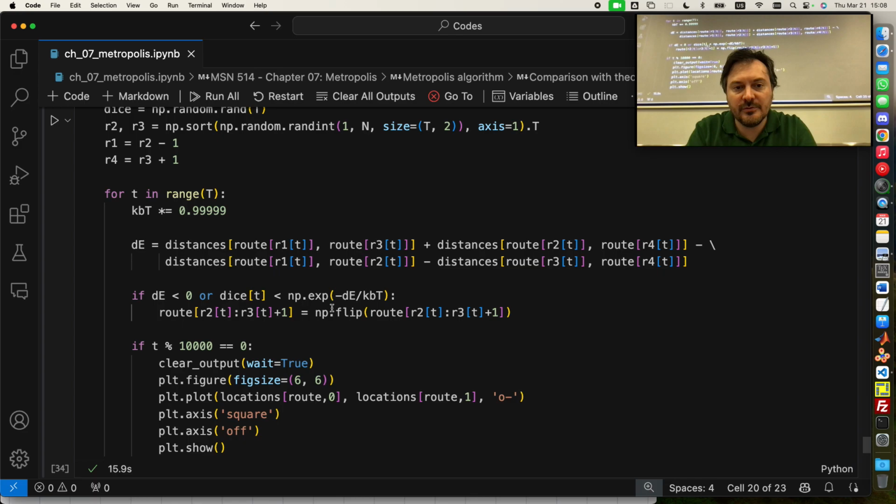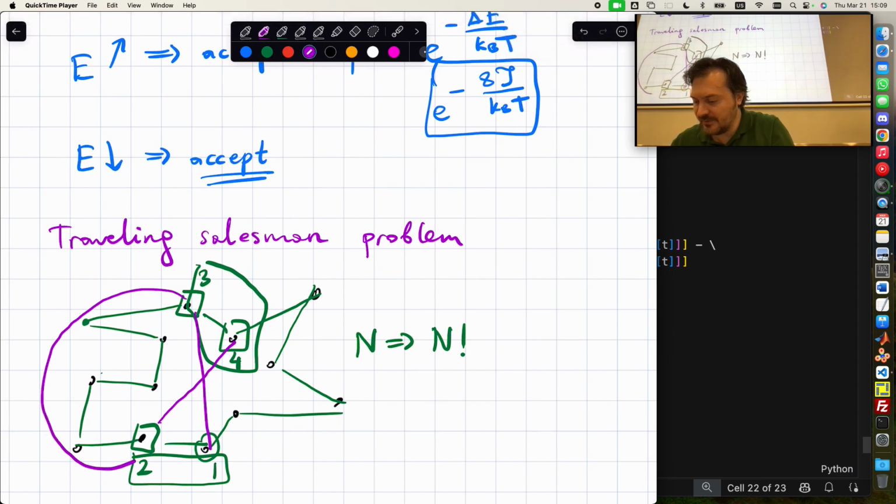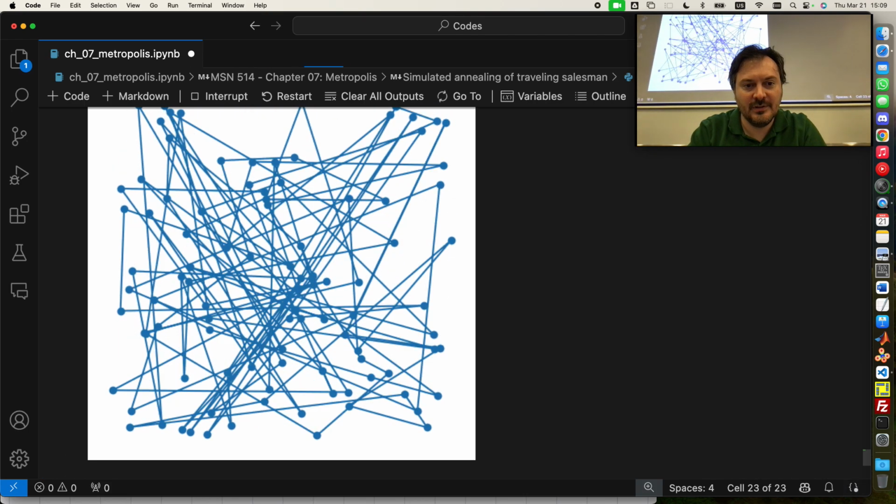Same kind of Monte Carlo stuff. And this is the flipping part. You are literally flipping this route. If you want to flip this route, you have to flip the whole route like that, if you want to untangle it or tangle it. Okay, here comes.